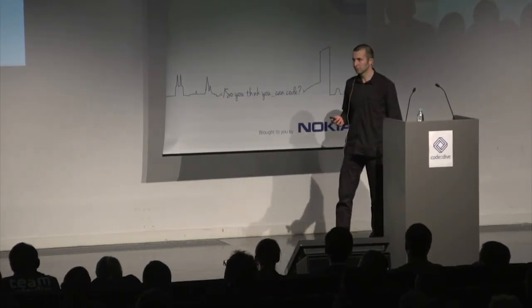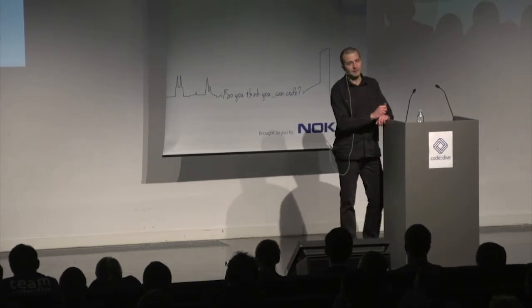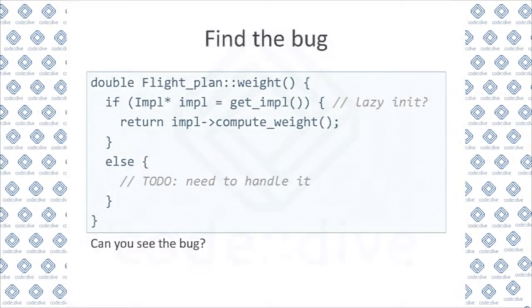And then, if you're not lucky, so imagine in a weight and balance calculator like this, that at some point we'll have to compute the total weight of everything loaded on an aircraft. We'll probably have some class, flight plan, which computes weight.